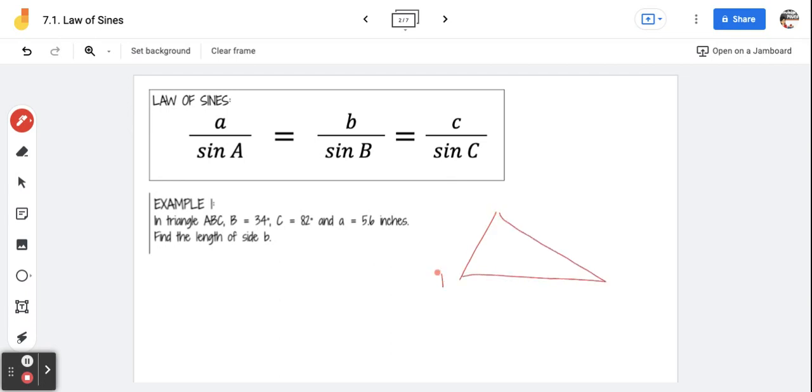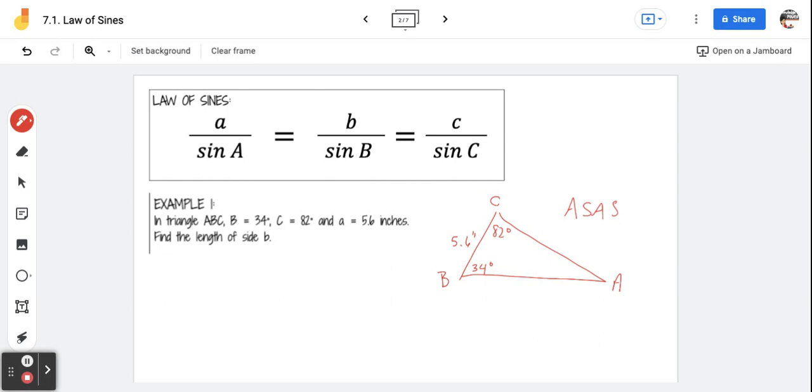So I'm going to call this angle B, which is 34 degrees. Angle C, which is 82 degrees. And this would be A, and we don't know right now. A is 5.6 inches. And that's it. That's what I know. All right, so again, this is a case of angle, side, angle. So that's how I know I can use law of sines.